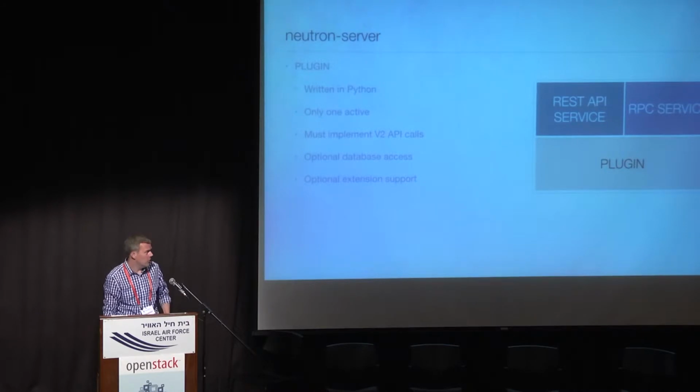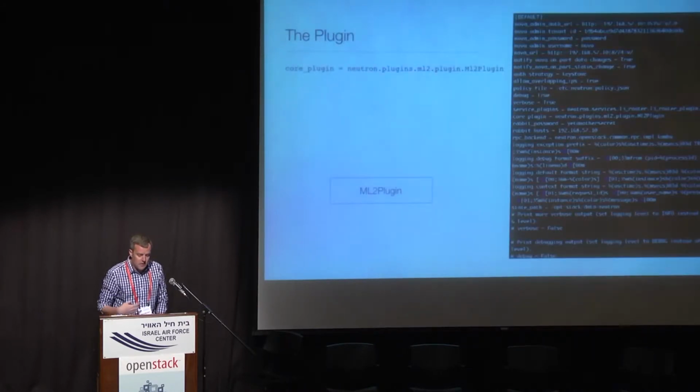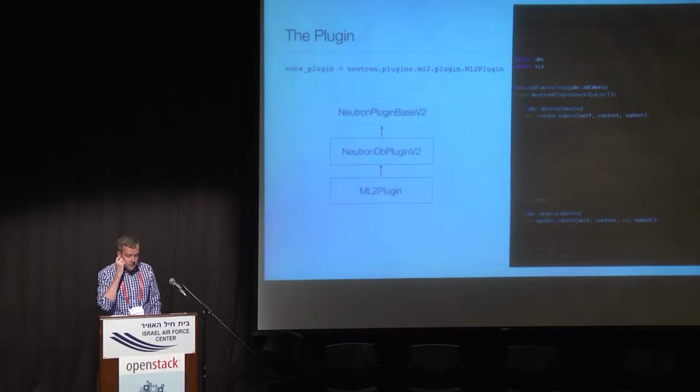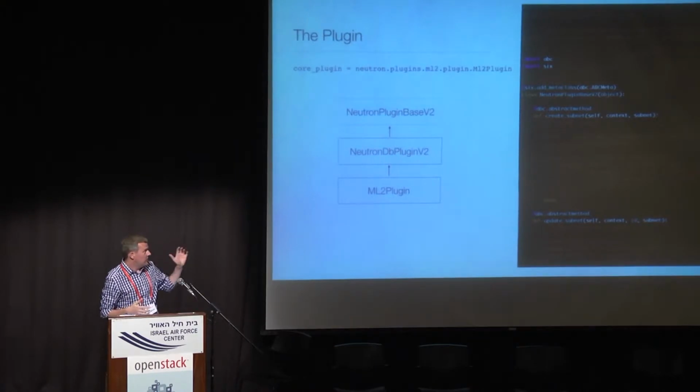So when we go into writing code, for instance, the Modular Layer 2 plugin is the main open source plugin, and the box on the right, as you'll see, is just a snippet of config file, where basically we've set the core plugin. But really the Modular Layer 2 plugin is actually a subclass of two other classes, the parent class being the Neutron plugin-based V2. That implementation is on the right-hand side of the screen.